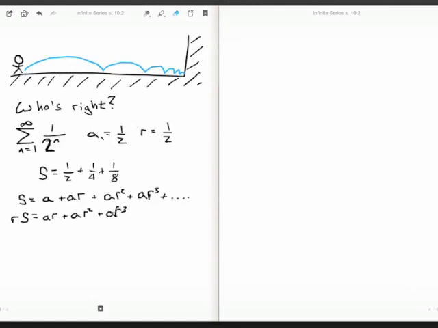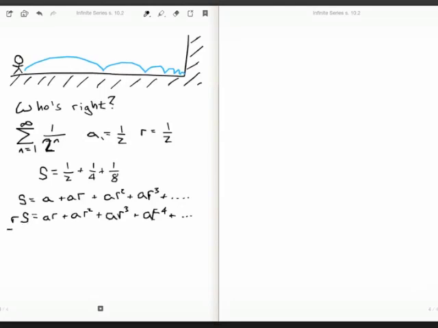For the sake of these notes, for those of you using pre-printed ones, I'll clean that up. A r cubed plus A r to the 4th plus etc., etc. Right? Well, what good did that do?